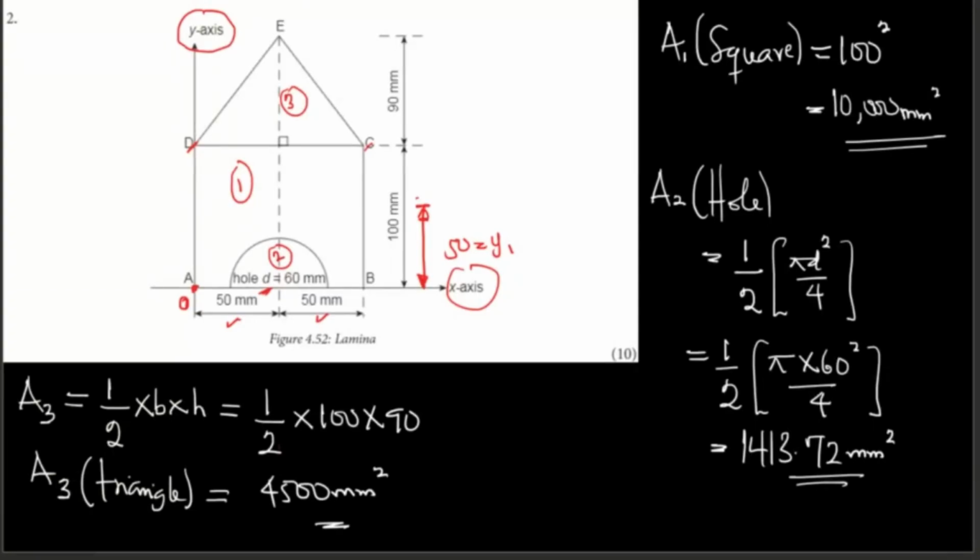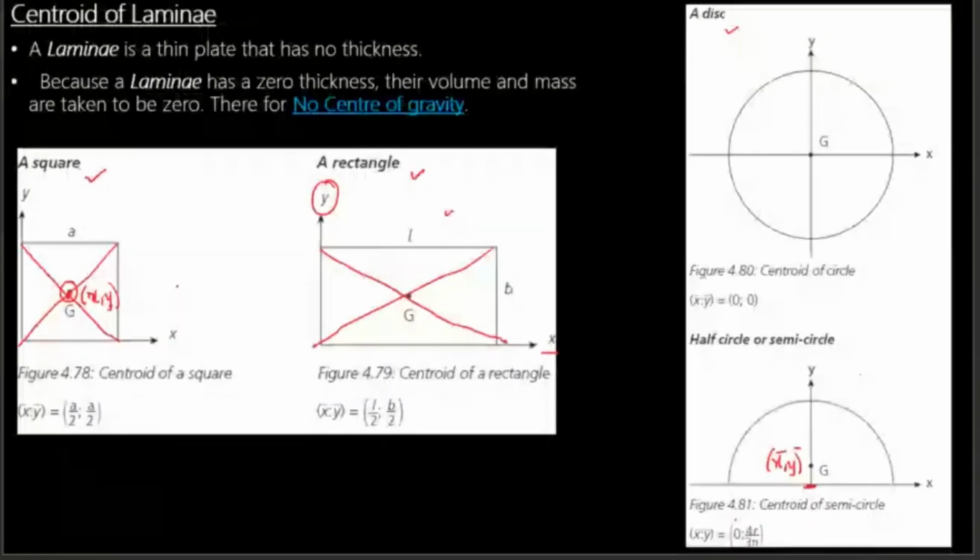Remember that formula I was showing you for a semicircle. Can you see here? 4r over 3 pi. This is the Y value for a semicircle. It simply means the distance from that axis to the centroid is 4r over 3 pi.